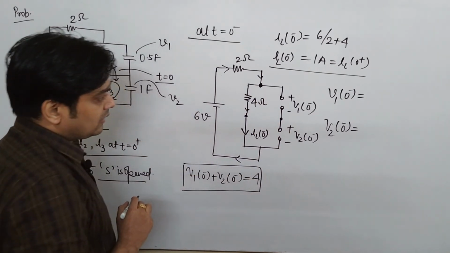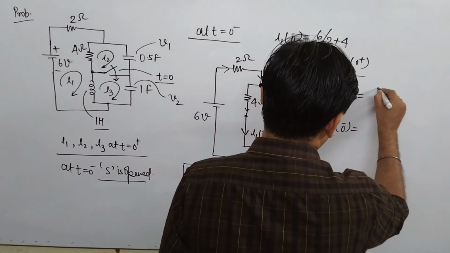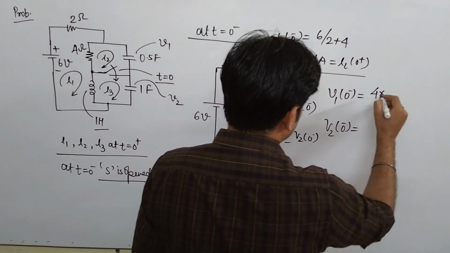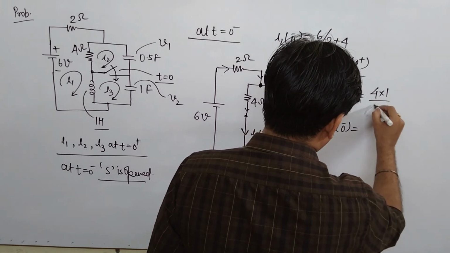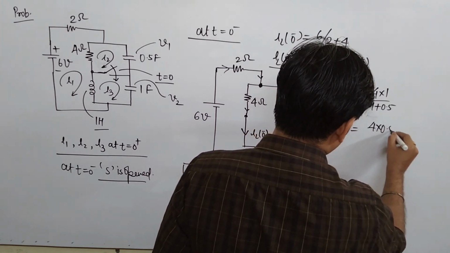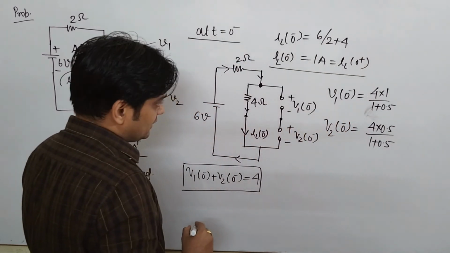Now we have to find the value of V1 0 negative. V1 0 negative is 4 into the value of capacitor here as 1 upon 1 plus 0.5. Similarly, V2 is 4 into 0.5 upon 1 plus 0.5, just by the capacitive division rule.